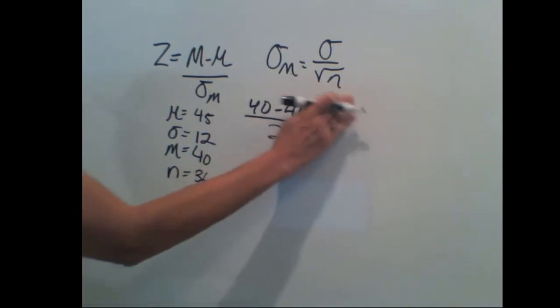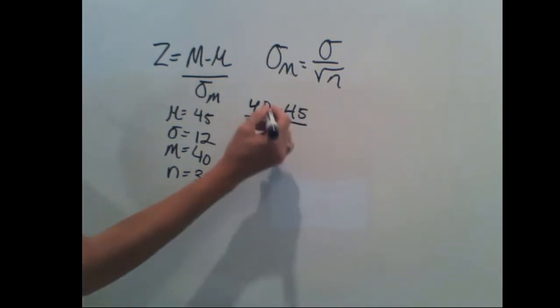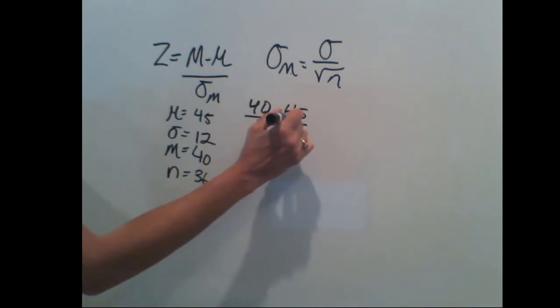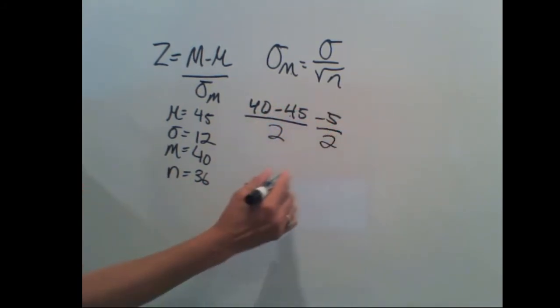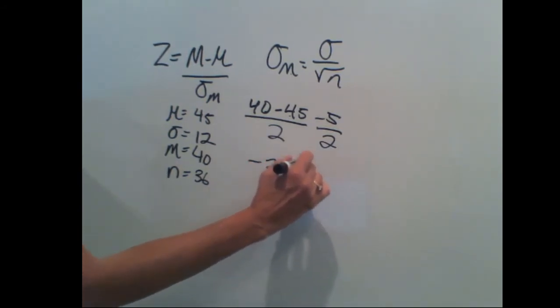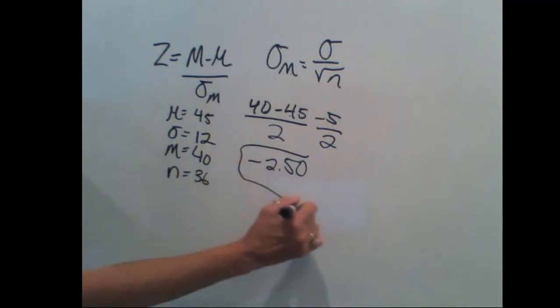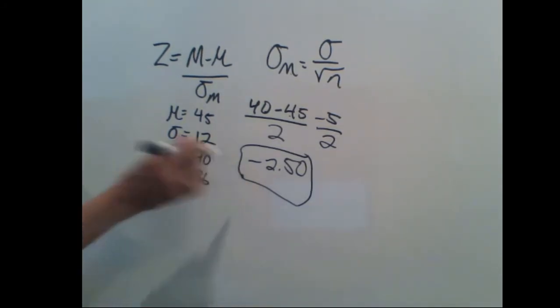So our actual z-score for a mean of 40 is going to be 40 minus 45, which is negative 5, divided by 2, which gives us a negative 2.50. So that is our z-score. We've got that. So what we need to do now is plot it out to see if this is an extreme score. So let's do that.